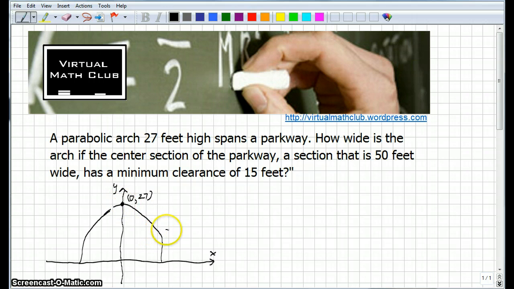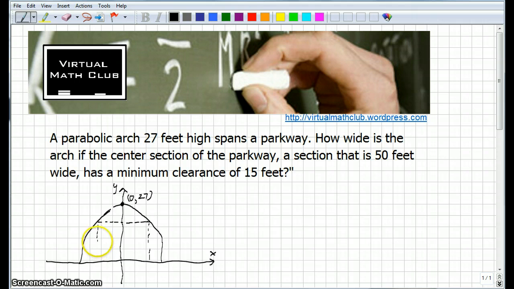Then there's this section. It says how wide is the arch if the center section of the parkway that is 50 feet wide has a minimum clearance of 15 feet. So there's this section through here. Let's say it goes across here and comes down like this.